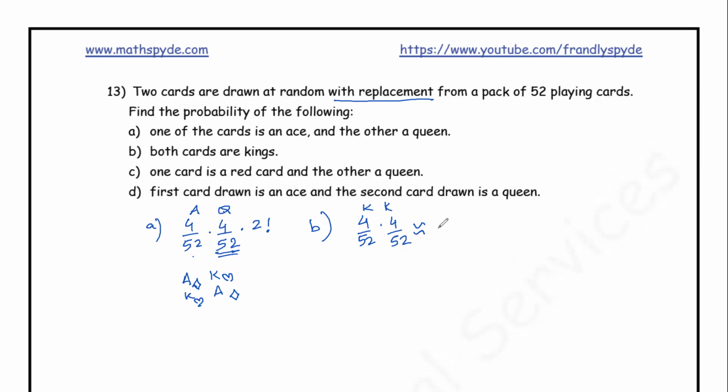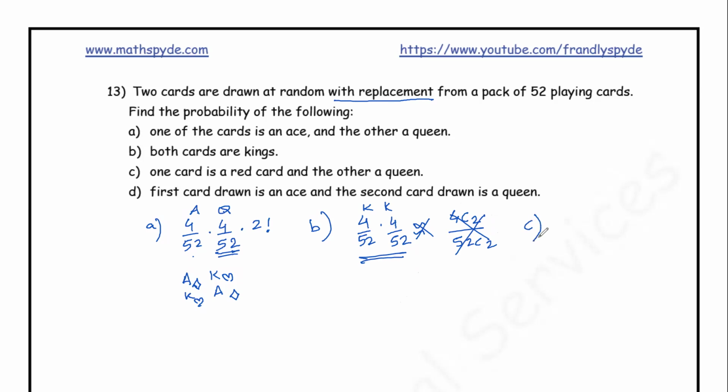You cannot do 4C2 out here. You can't do that, because the C format doesn't apply out here. This would be wrong, so don't apply this. It's this, because you're replacing them back, so that same king can come back again.